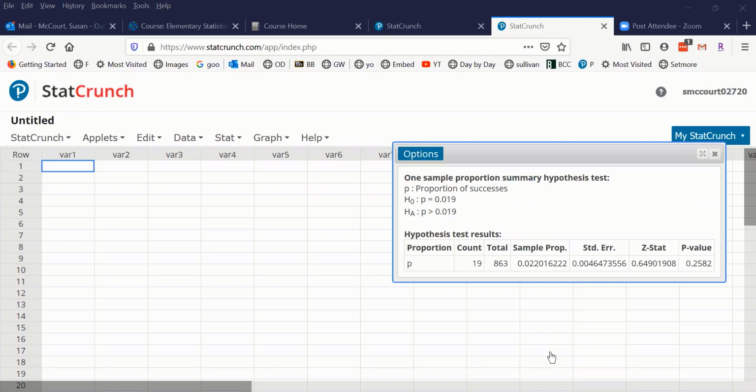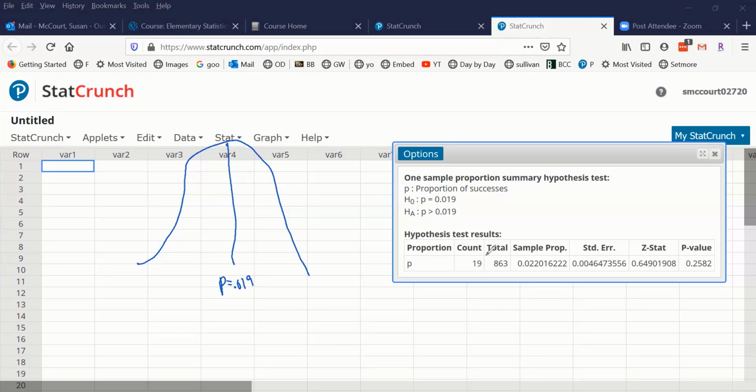Yeah, so I have a little more room to draw here. So I'm going to draw what's going on. Here is our distribution. If P actually is 0.019, that's our distribution.